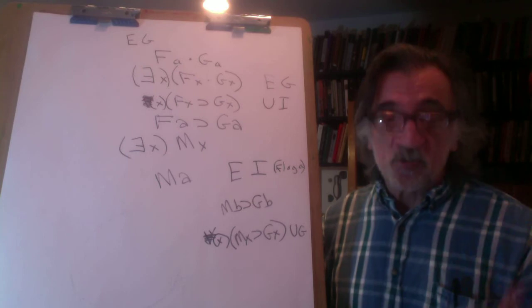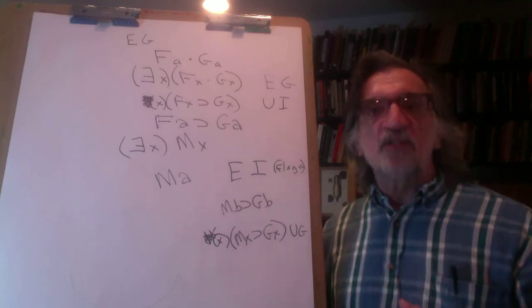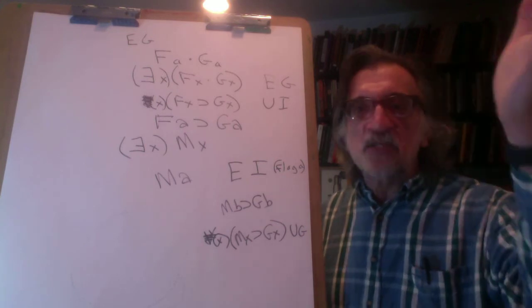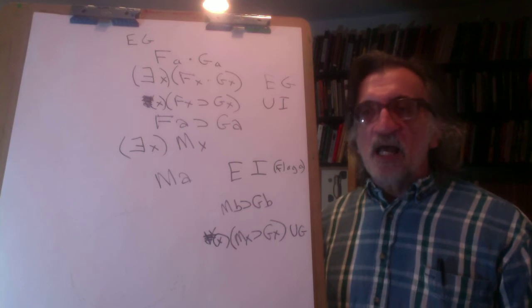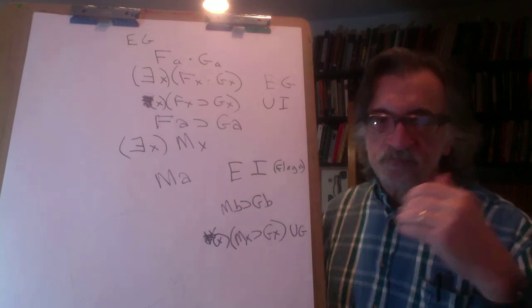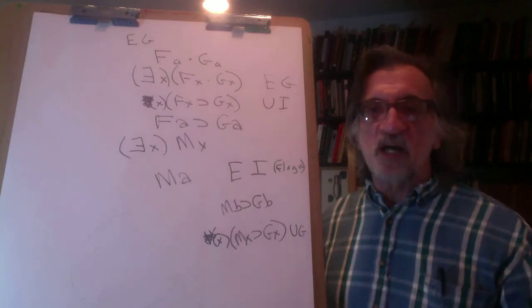So you're saying everyone is either right-handed or left-handed. So let's take Pat. Pat is either left-handed or right-handed. Okay? And everyone who's either right-handed or left-handed has a preference for one of their two sides.